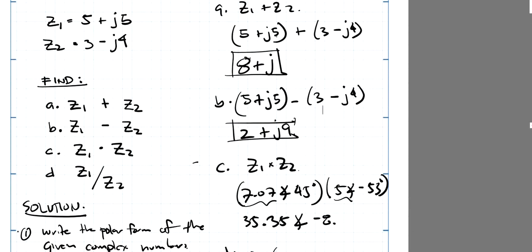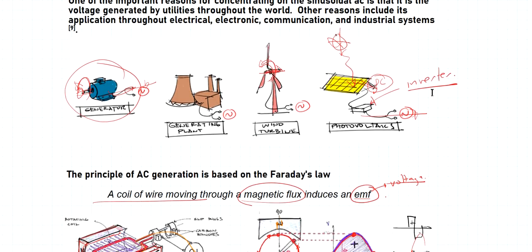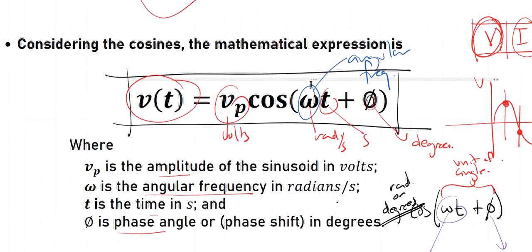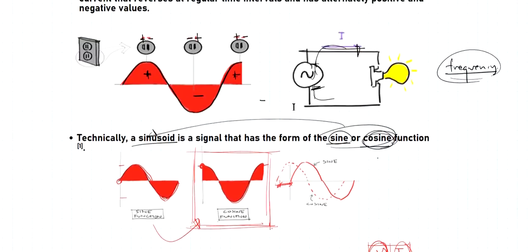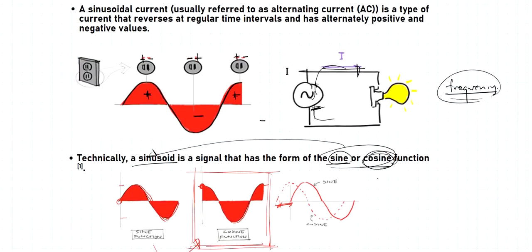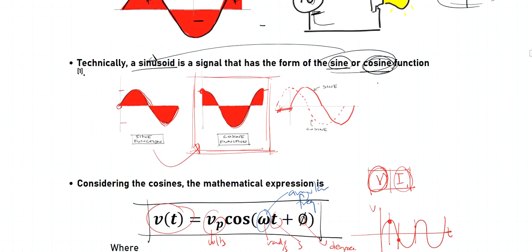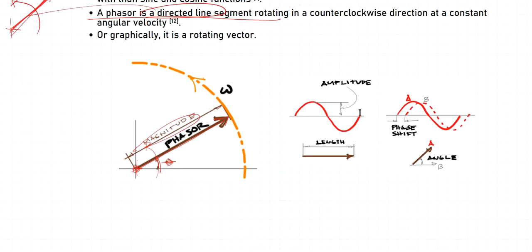Okay, so again, just to have a summary of what we discussed so far in this week's topics, we first discussed the significance of AC systems, and then we dealt with sinusoids, the mathematical expressions, the anatomy of the waveform, and then the phasors.